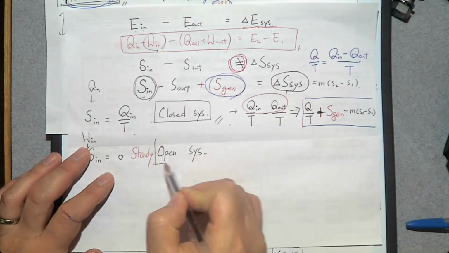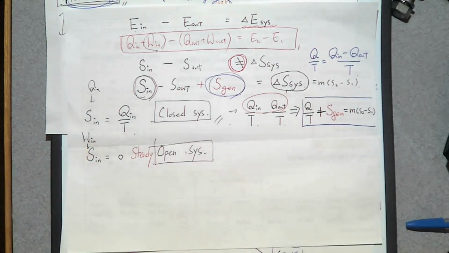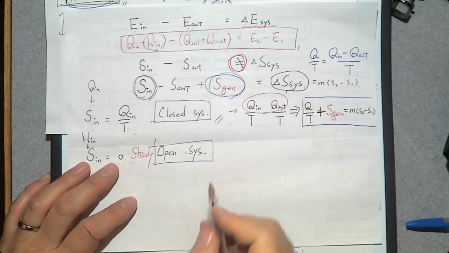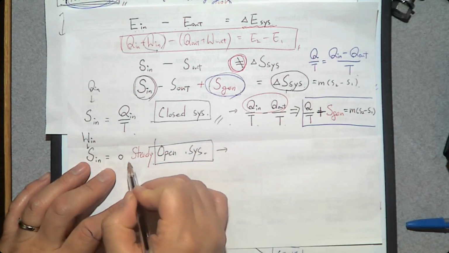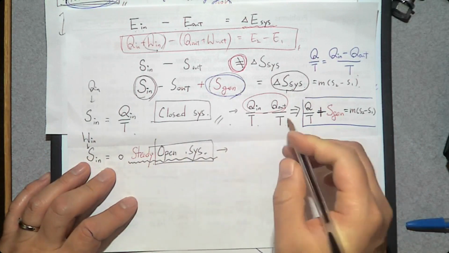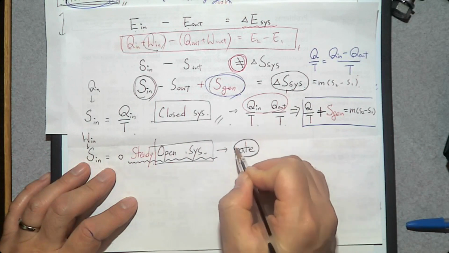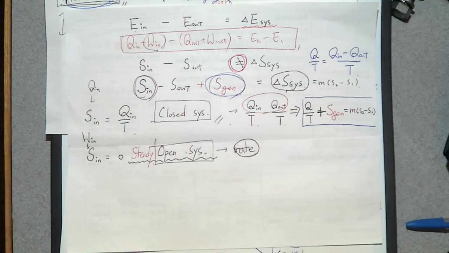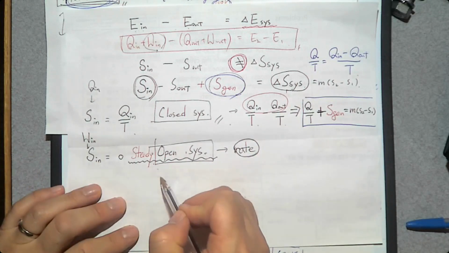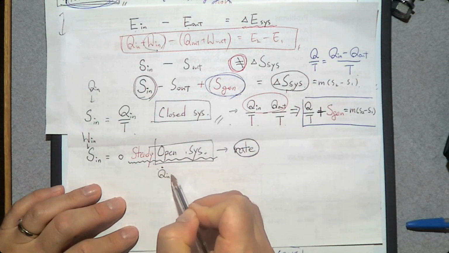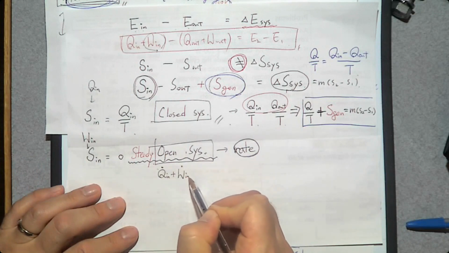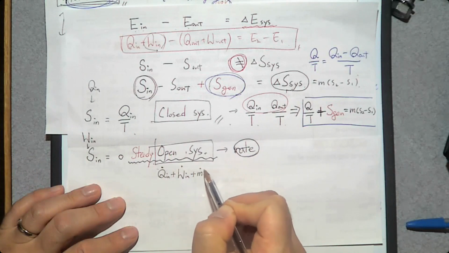Then what about an open system? In an open system, if we have a steady open system, we know it is convenient to use a rate form. Then what is the general energy balance equation for a steady open system? It's going to be Q dot in plus W dot in plus m dot at the inlet.